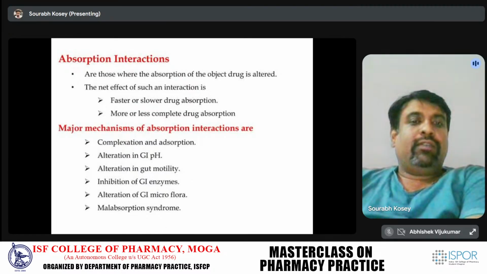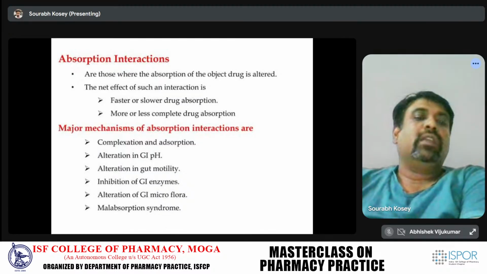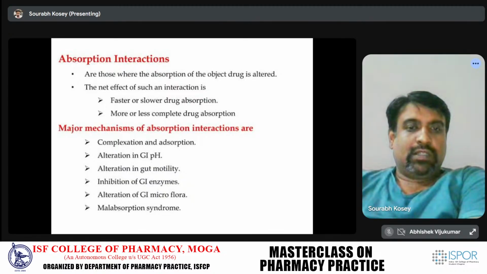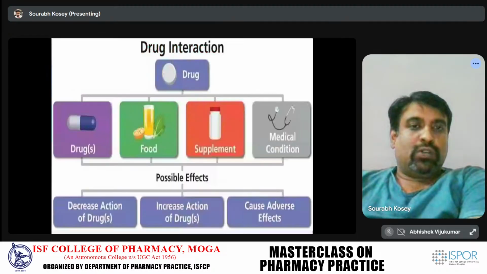The net effect of such interaction is faster or slower drug absorption, or more or less complete drug absorption. The major mechanisms in absorption interactions are complexation, adsorption, alteration in GI pH, alteration in gut motility, inhibition of GI enzymes, alteration of GI microflora, and malabsorption syndrome.